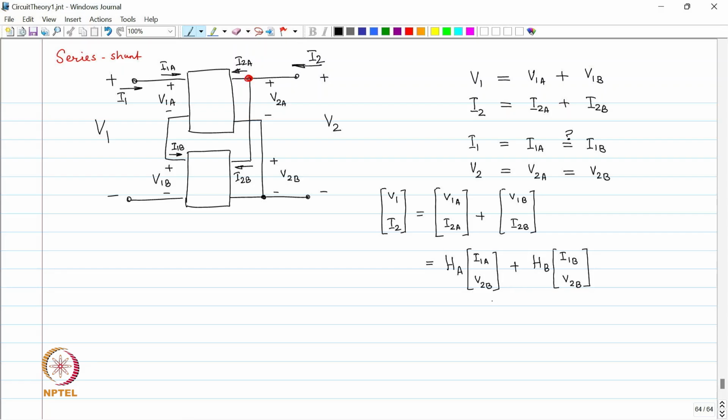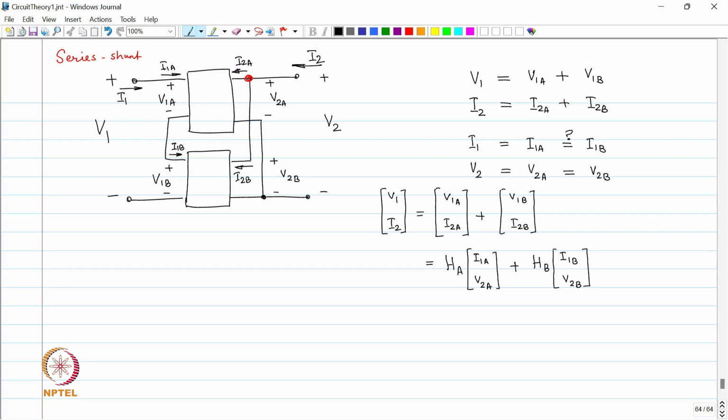And I am sorry, this has to be V2A. V2A and V2B are certainly equal to each other. So, they are equal to V2.